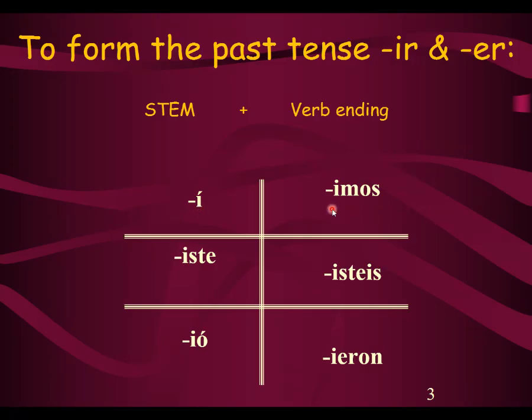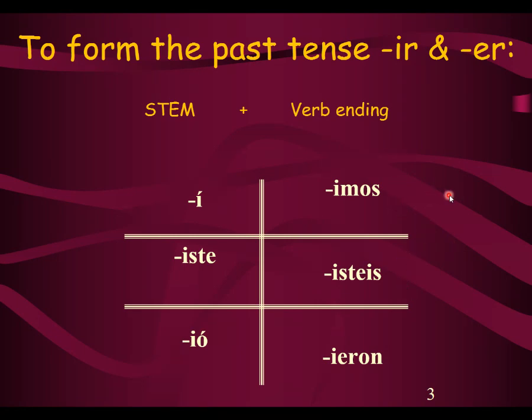Again, another similarity is the nosotros form. You have imos. One of the things I want you to write down is that in the present tense, in the here and now, when you would conjugate IR verbs and ER verbs, if it were an ER verb, the nosotros form and the vosotros form were different. Do you guys remember this? It was imos, or emos, or áis, or éis.